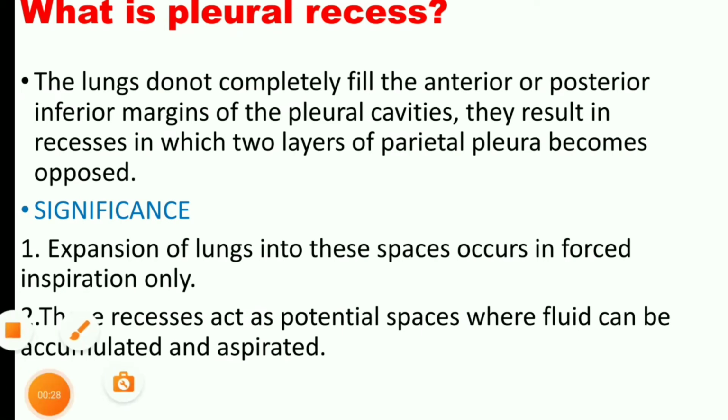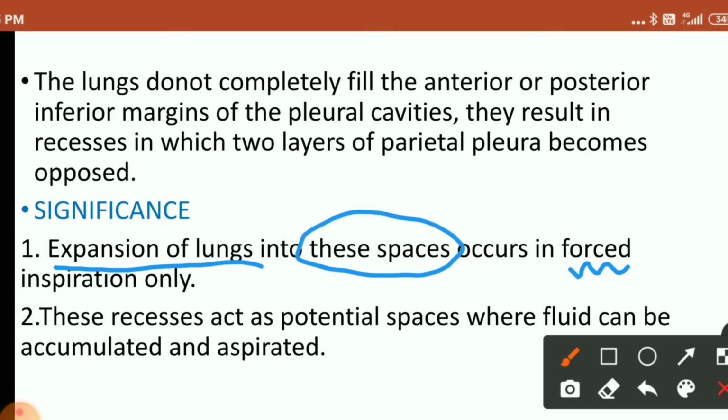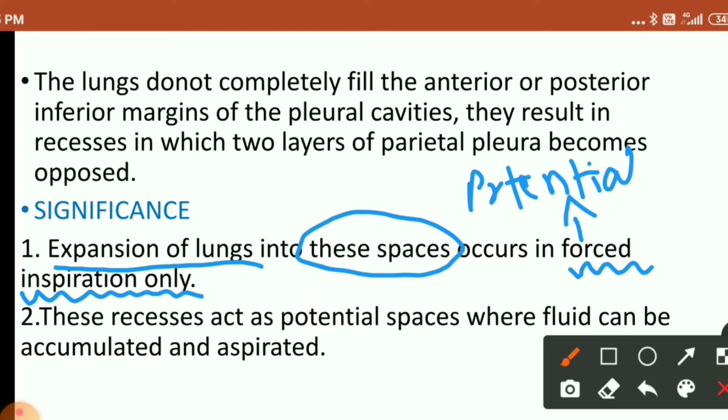The expansion of lungs into these spaces, the pleural recesses, occurs only in forced inspiration. So hence they are the potential spaces and they are enlarged.